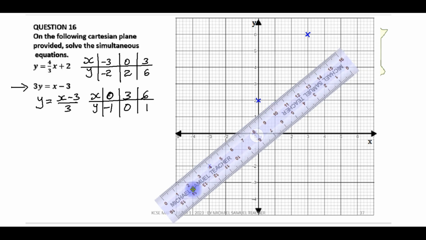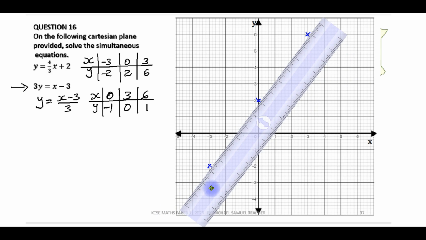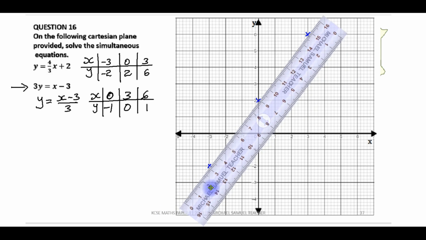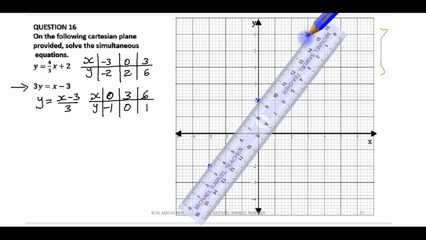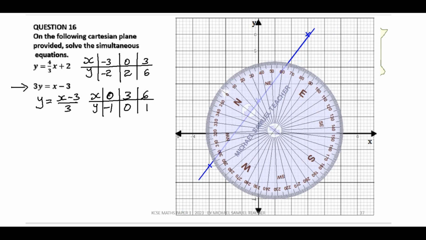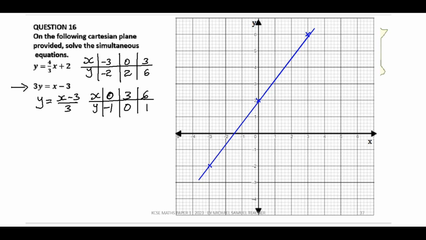So this is y is equal to 4 over 3 x plus 2.